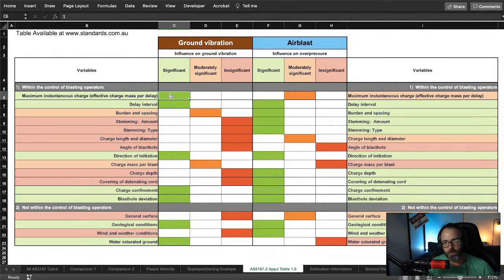It's going to affect that, because the larger the diameter, the larger the mass of explosives per meter, and therefore the more explosives going off in any given period of time.